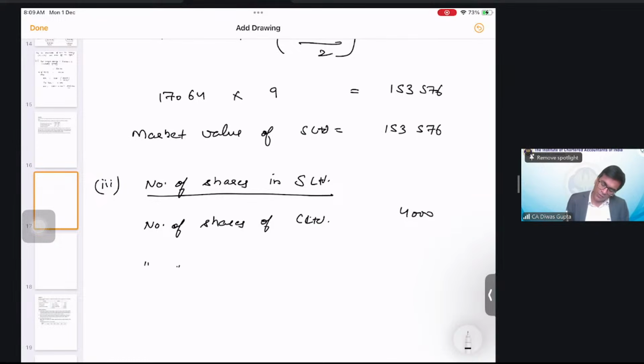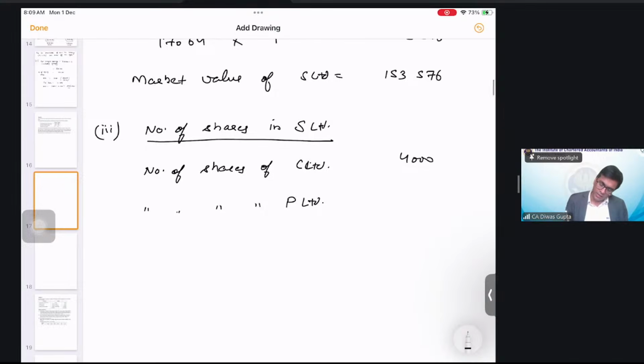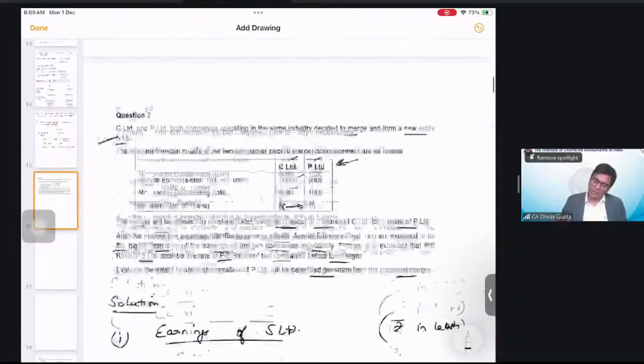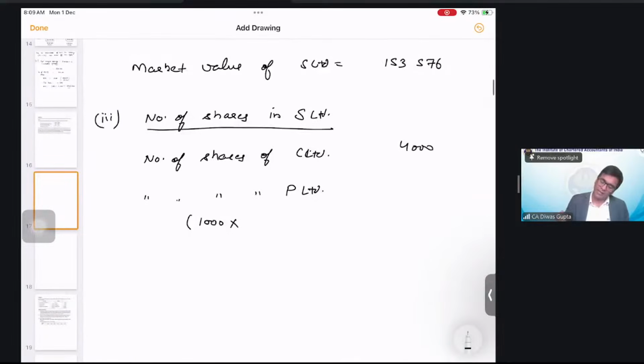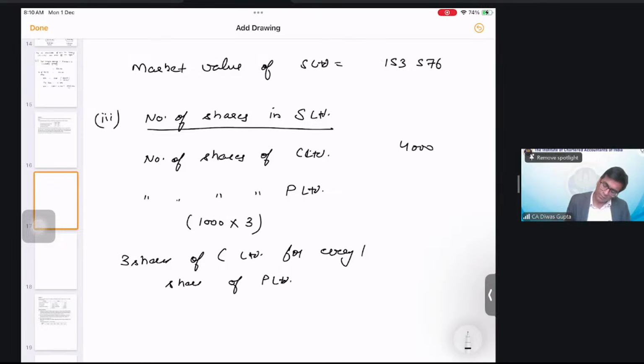And the number of shares of P Limited, students. P Limited had originally 1,000 shares. And what was the exchange ratio agreed between both of them? 3 shares of C Limited for 1 share of P Limited. So that means multiplied by 3. So 3:1 is the swap ratio: 3 shares of C Limited for every 1 share of P Limited.